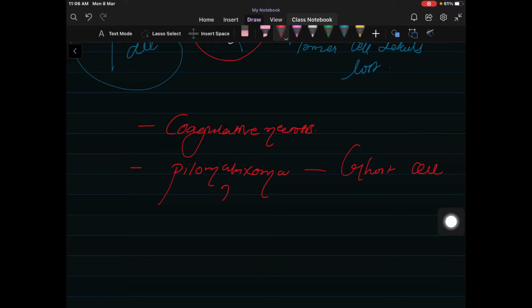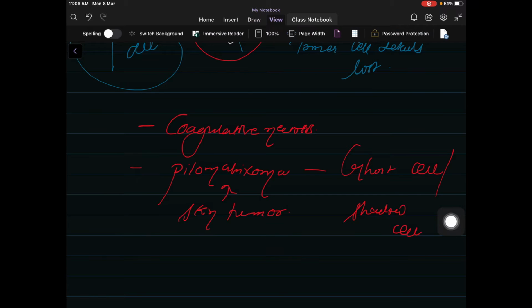Pilomatrixoma is a slow-growing non-cancerous skin tumor, most common on the face or neck. The ghost cell can also be called a shadow cell because there is nothing inside the cell, only the outline preservation.